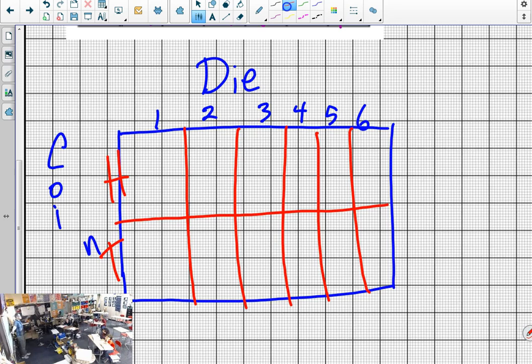So coin, 2 outcomes. Die, 6 outcomes. Multiply, we get 12 possible outcomes. Does that make sense? That's why we were doing the 2 and the 2 and the 3 and the 3, because they were the same, but they don't have to be the same.